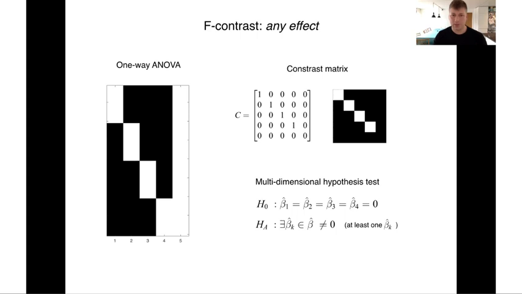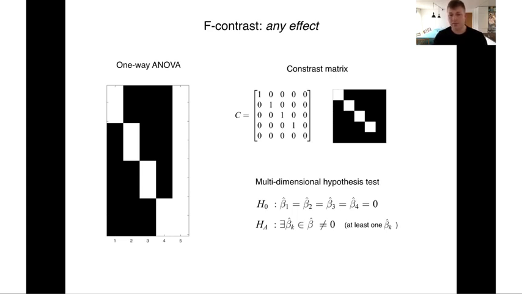And this would be done using this contrast matrix with ones on the diagonal. And the multidimensional hypothesis test would then look like this. So the null hypothesis would be that the 4 different beta parameters are all equal to 0. There's no effect of any of them.